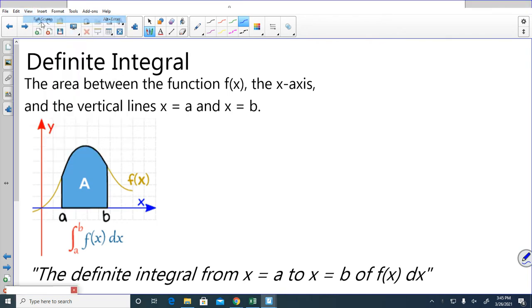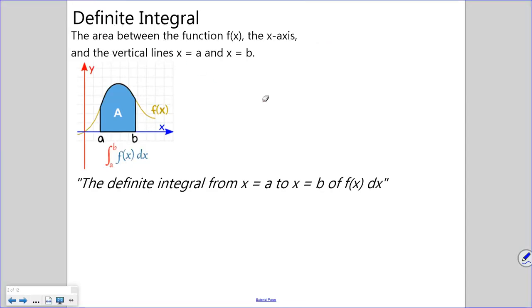So the first thing you need to know is how I want you to think of a definite integral. I want you to think of it as the area between the function f of x, the x-axis, and the vertical lines x equals a and x equals b. So here I have the function, the x-axis, and the vertical lines x equals a and x equals b.